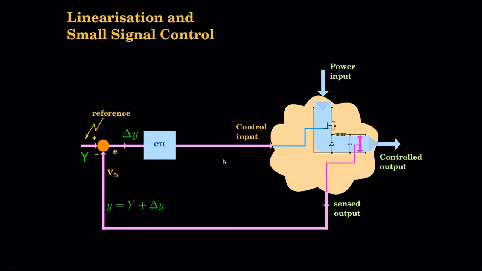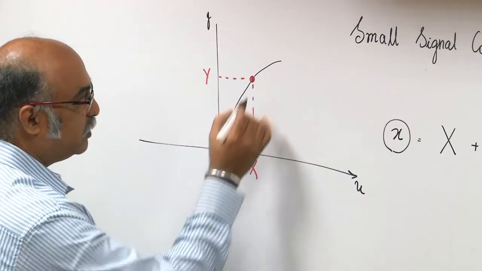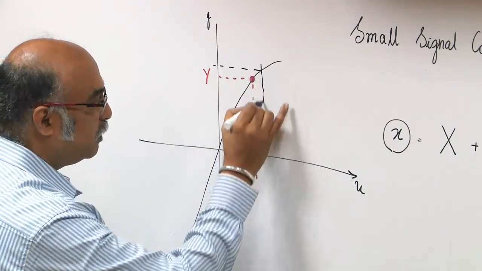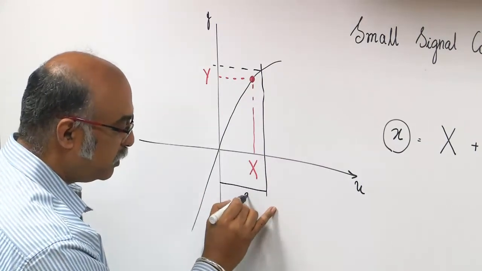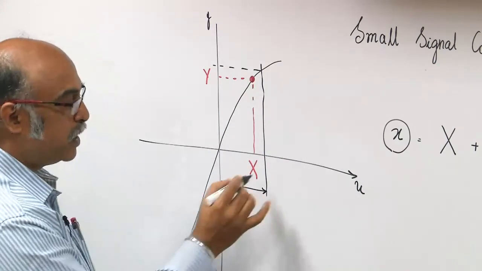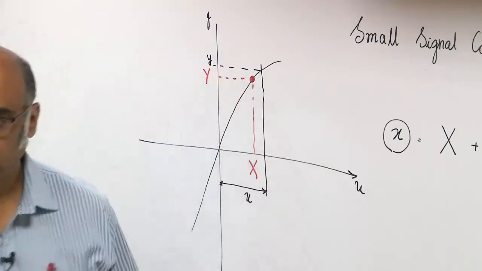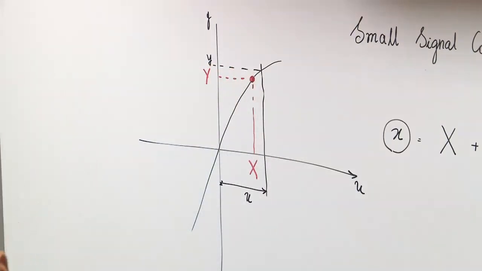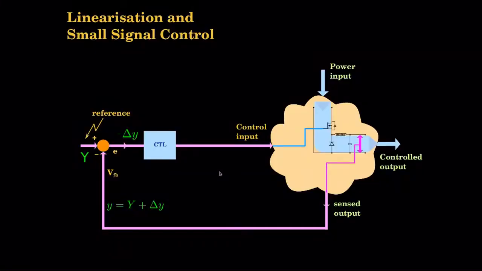Because you have to give to the controller, whatever is the Y, I have to give the complete U, then only it will reach this Y, right? And I do not have any other mechanism here, this is a straight line. So, this has to be U. So, it is the job of the controller to develop that voltage or current or whatever the control signal, full U. This is large signal.